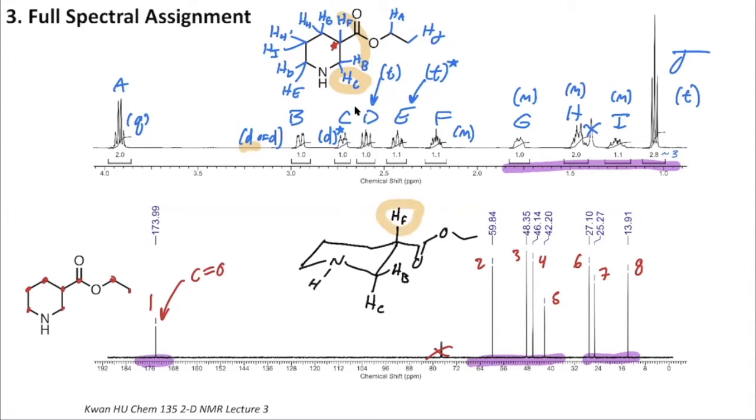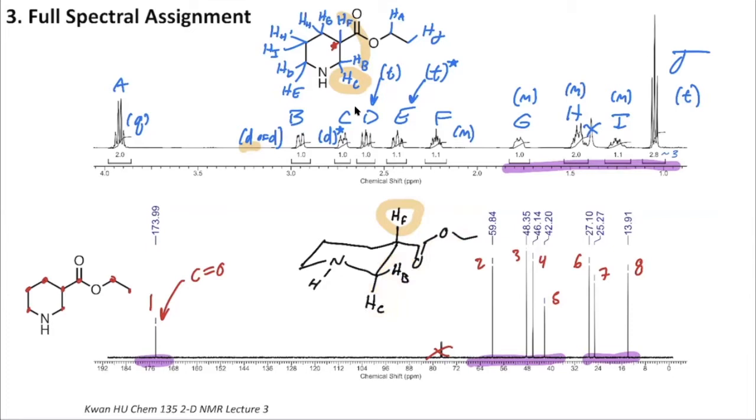Even though there's some flexibility of the chair, we want to keep this larger ethyl ester group in the equatorial position. That means that HC is stuck in a fairly different arrangement around the ring than, say, HB would be.